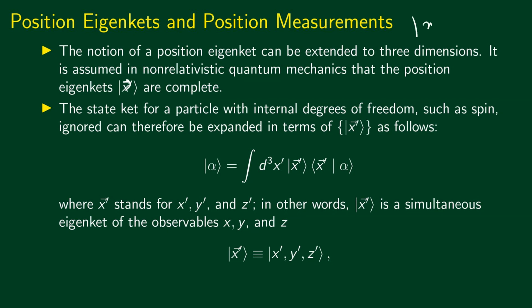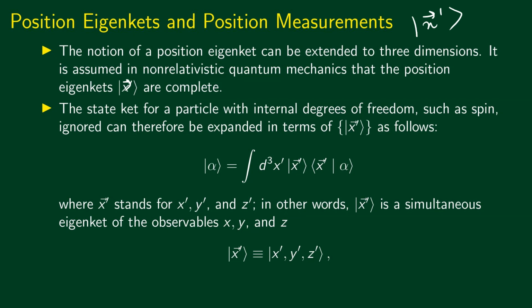We denote these position eigenkets as |x⃗'⟩, which has 3 components, because in order to pinpoint a position you need 3 coordinates. The assumption is that these eigenkets form a complete set.